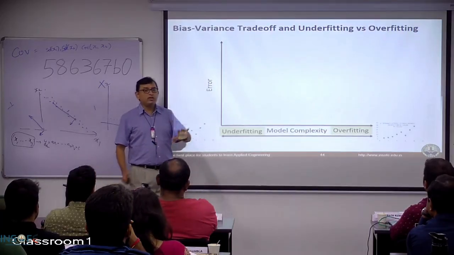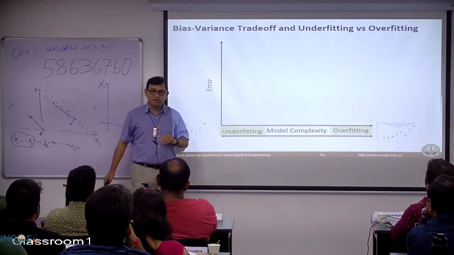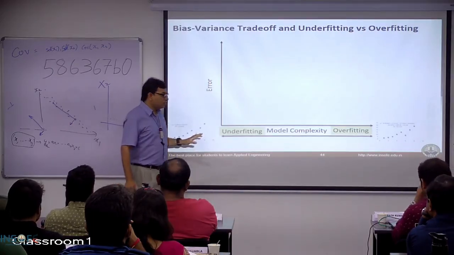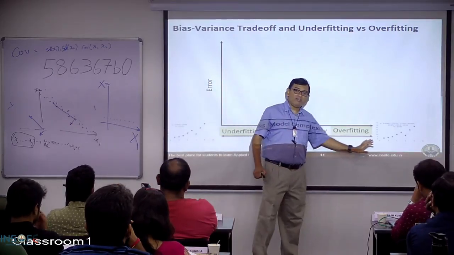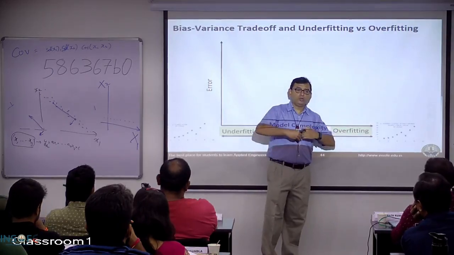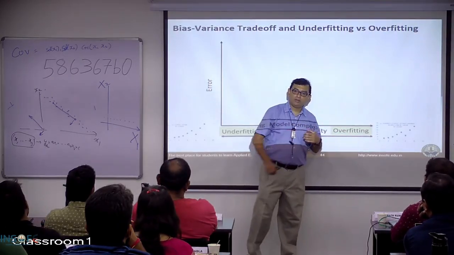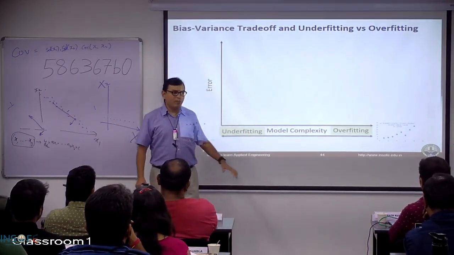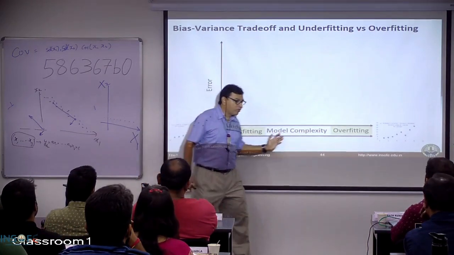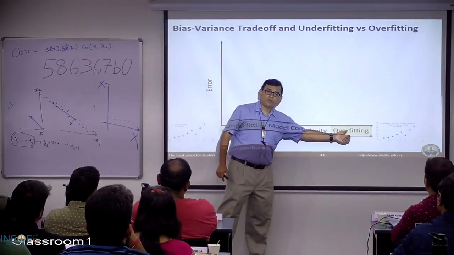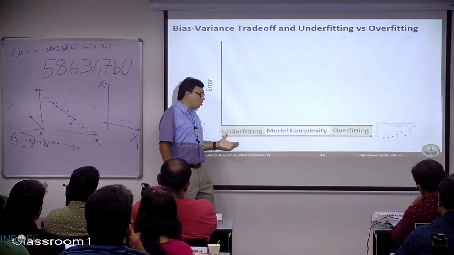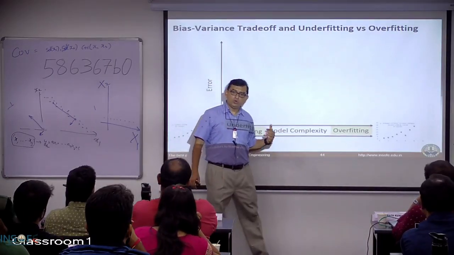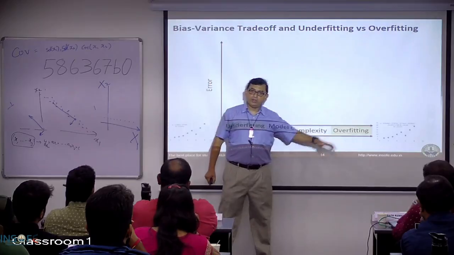It's worth repeating, so I've copy pasted the same set of slides. What you see here on the x-axis is the level of complexity of the model, some notional way of quantifying the level of complexity in the model. Perhaps it's a small number of features to more features, or perhaps you are talking about going from linear polynomial to quadratic to 13th order polynomial.